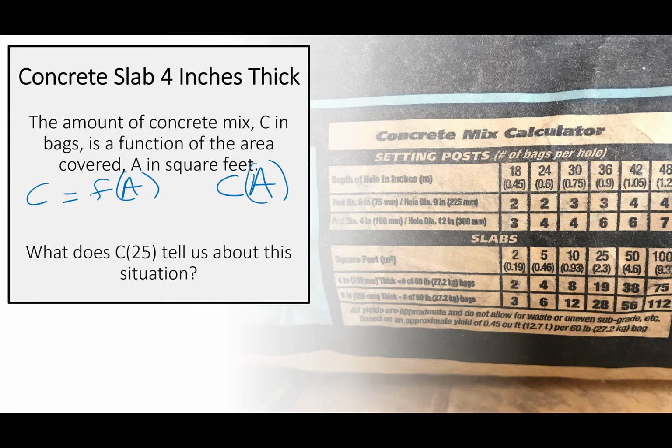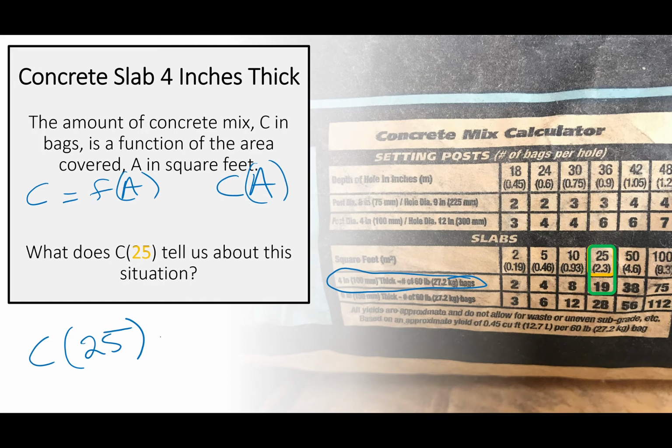So we can look to our table and know that the 25 on the inside of C of 25 is going to be a square footage. So trying to figure out what C of 25 is, okay, well, that's going to be the number of bags of concrete that we're going to need for a 4-inch thick slab, and that's going to be 19.